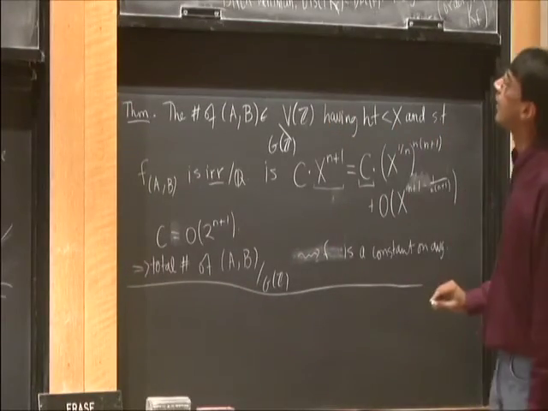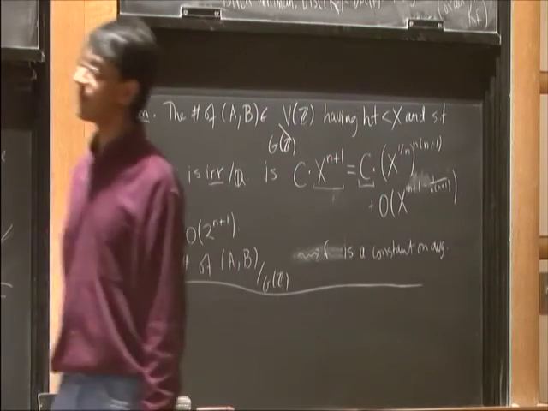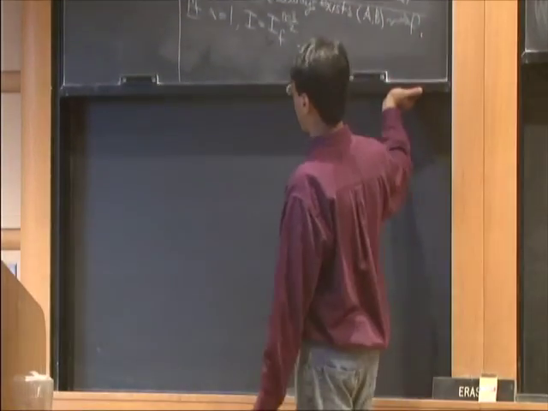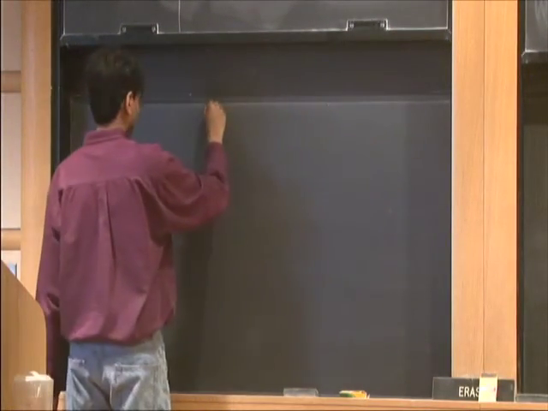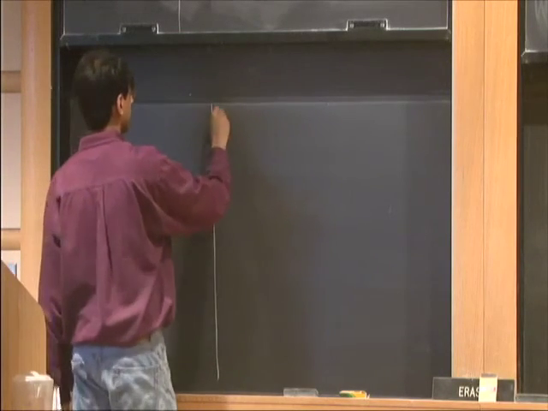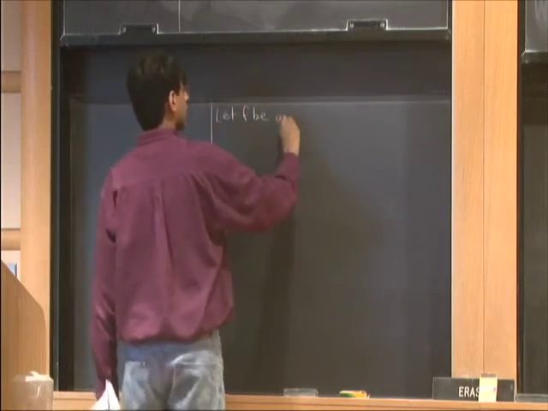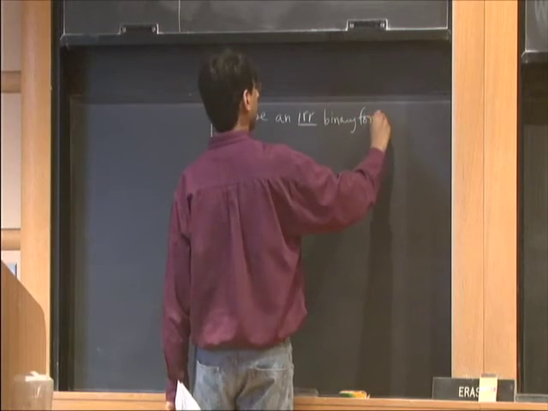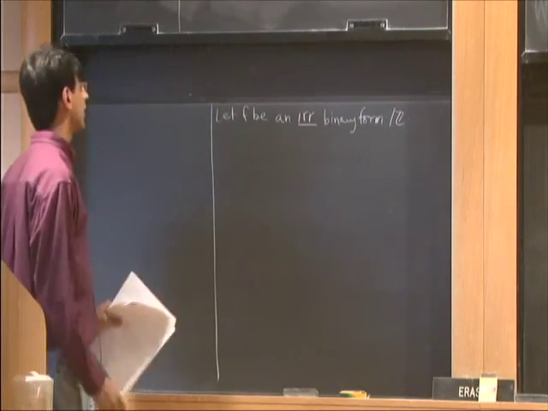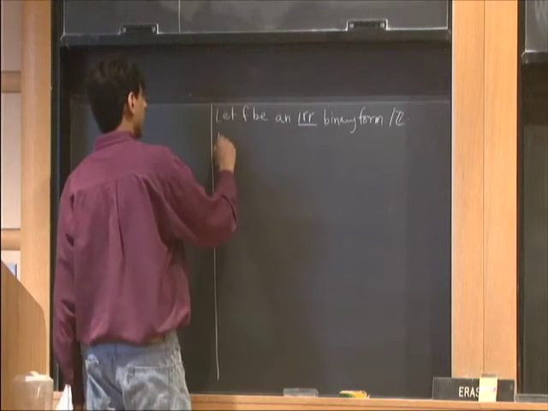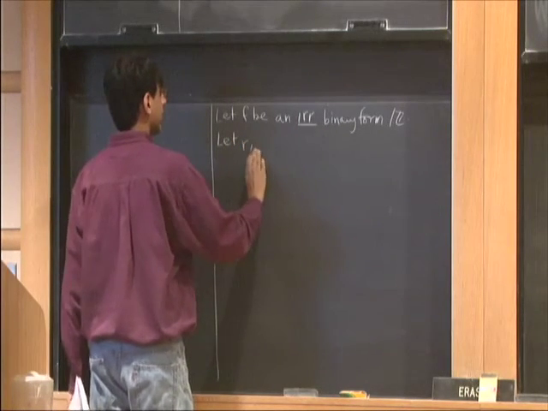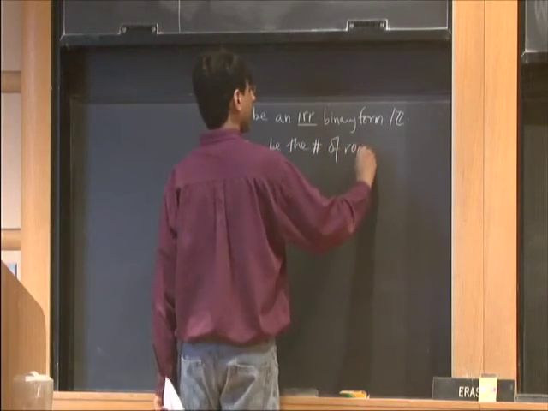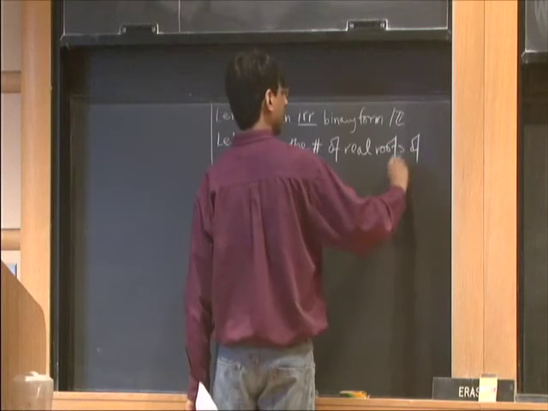So, I wonder if I can, maybe I'll write the last thing over here. So here's the thing, that even over R, let F be an irreducible binary form over Z. Irreducible means it doesn't factor over Q. And let R infinity be the number of real roots of, say, f of x1.